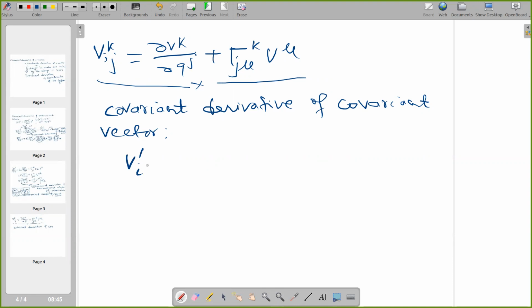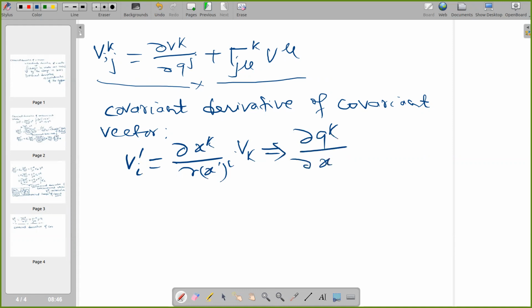This is the component of the covariant vector, and its transformation equation is Vk. In the case of generalized coordinates, qk is the generalized coordinate. Okay. Now, as before, we differentiate this relation with respect to qj.